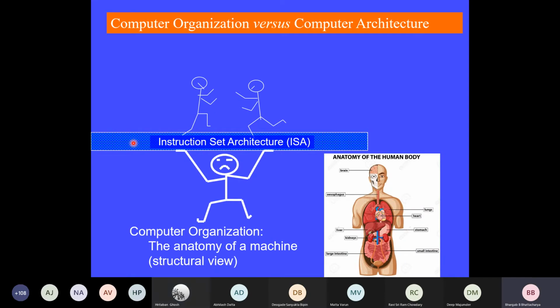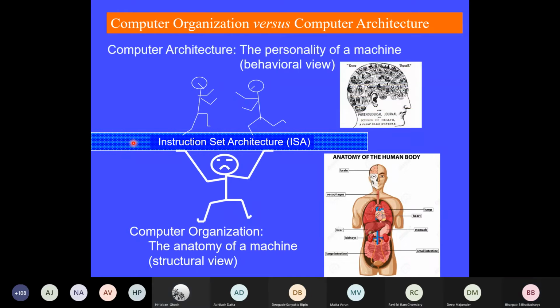In terms of a human being, the actions that the human can perform, a kind of personality of the machine. Computer architecture is the personality of the machine, or what action the machine can perform, the behavioral view. So organization refers to the structural view, architecture refers to the behavioral view.